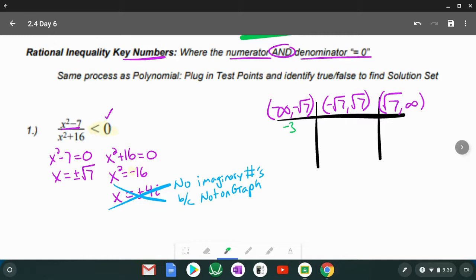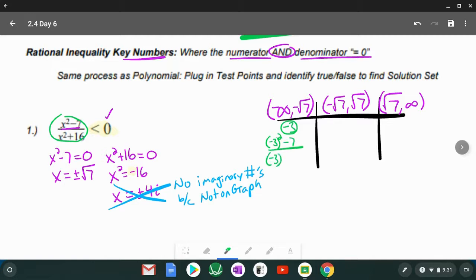So again, I have to take this number and plug it in somewhere, either in a factored version or the original. In this case, I don't have a factored version, so I have to put it in there. But using your number sense, I know that a negative number squared has to be positive.